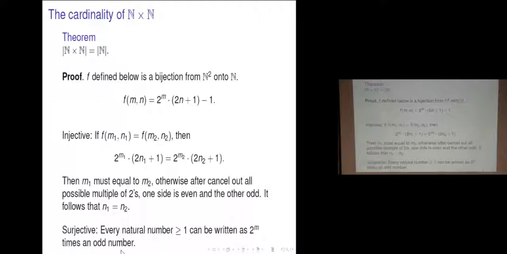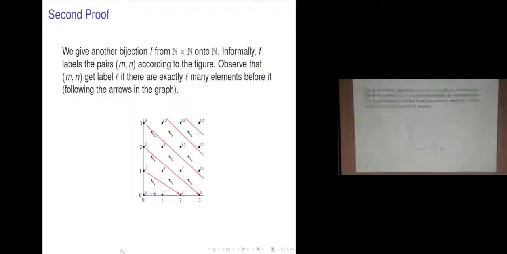So then you can get the (m, n) that goes to the given number. I know I'm a little bit rushed here, but I'm sure you can do it if you go home. This is not hard. Okay. So now, actually, there's another interesting proof.